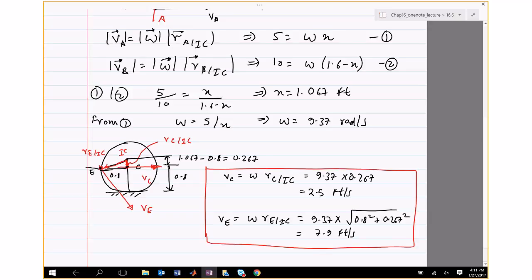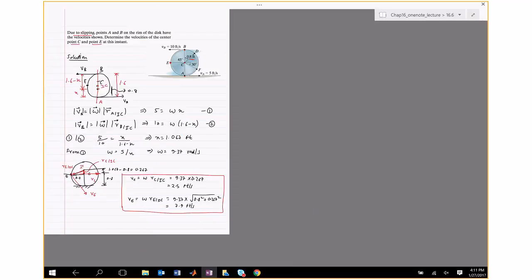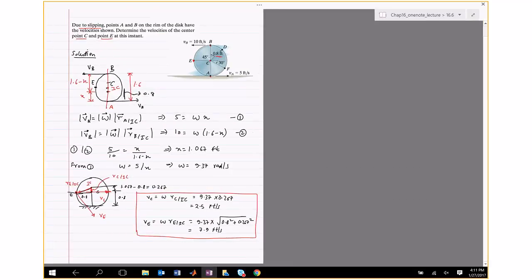Okay, so we found the velocity of points E and C using the IC. So let me just summarize what we did. We have a disk which was slipping, and you were asked to find the velocity of 2 points on the disk. So what we did was we first found the angular speed by using the concept of instantaneous center.